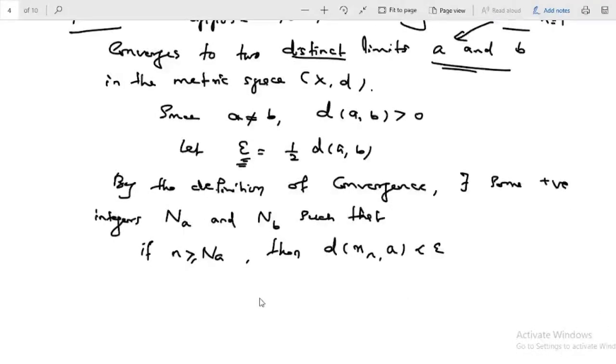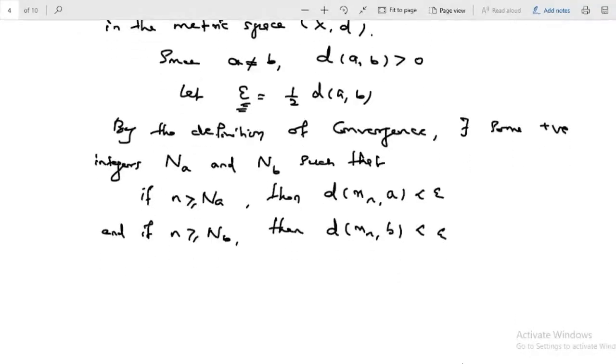And രണ്ടാമത് N_b എടുത്തത് x_n converges to b ക്ക് വേണ്ടിയാണ്. And if n greater than or equal to N_b, then distance between x_n and b is less than epsilon. ഇത് രണ്ടും കൂടെ ഹോൾഡ് ചെയ്യുന്നത് എപ്പോഴാണ്? ഈ distance between x_n and a less than epsilon, distance between x_n and b less than epsilon.